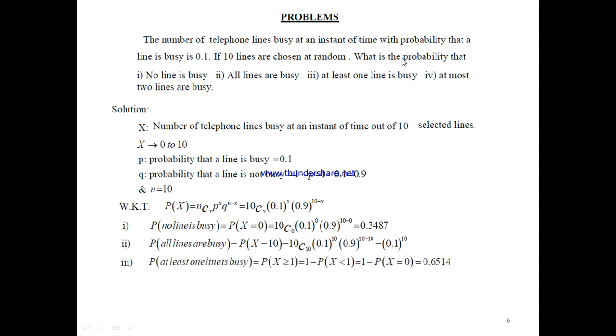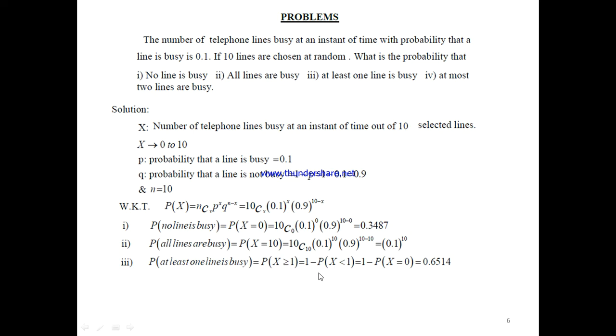And the next one, we have to find the probability that at least one line is busy. When at least one line is busy, the minimum number of lines which are busy is equal to 1, or it may be more than that. So our random variable x takes the values greater than or equal to 1. In this case, we can consider the value of x as 1, 2, 3 and so on up to 10, or else we can use the property that the probability of an event is 1 minus the probability of the complement of the event.